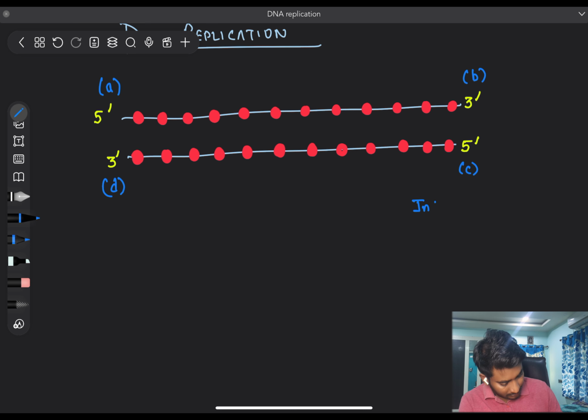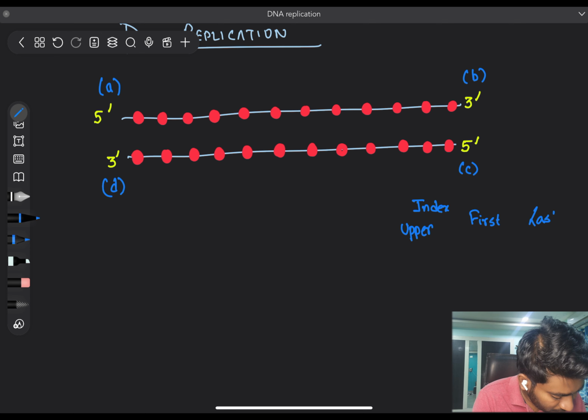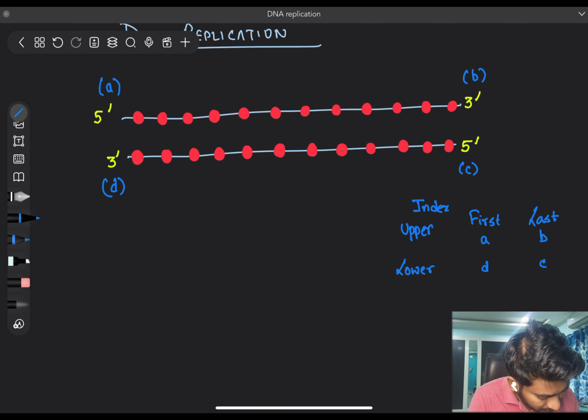What is A, B, C, D? In the upper strand, the first one is A and the last one is B, and in the lower strand the last one is C and the first one is D.